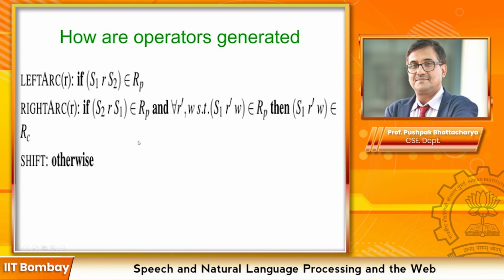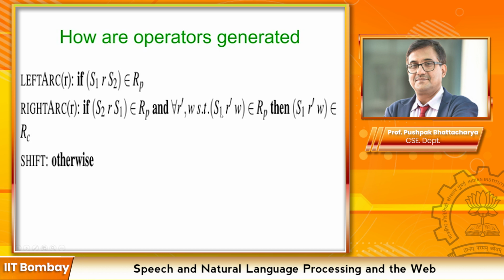Now if I find that between S2 and S1 there is a relation in the given dependency tree, and for all R' comma W such that S1 R' W belongs to RP. What does that mean? S1 is the top of the stack, and for S1 you have other words which are related to S1.